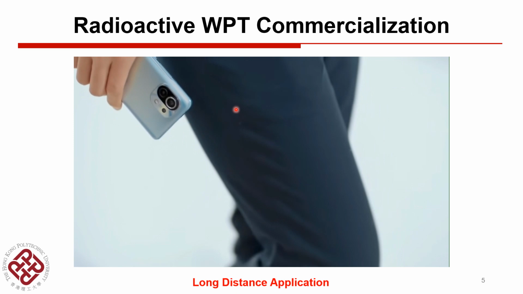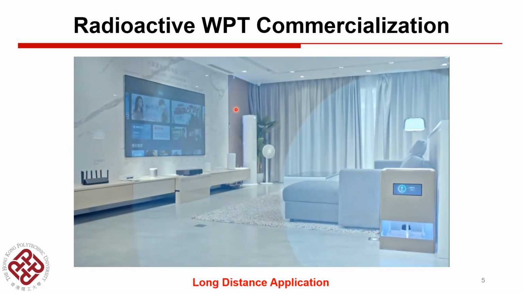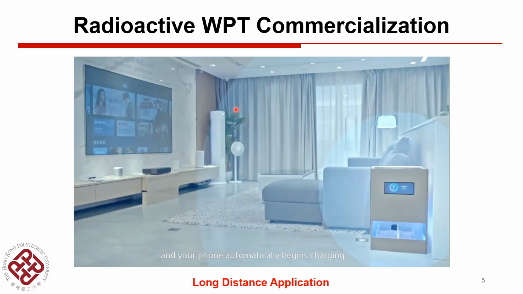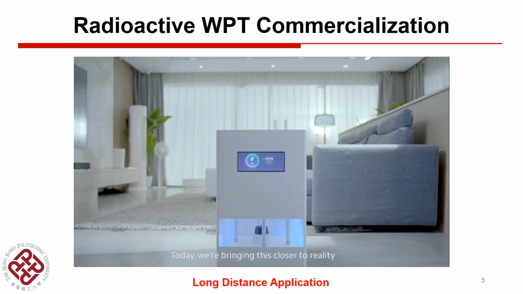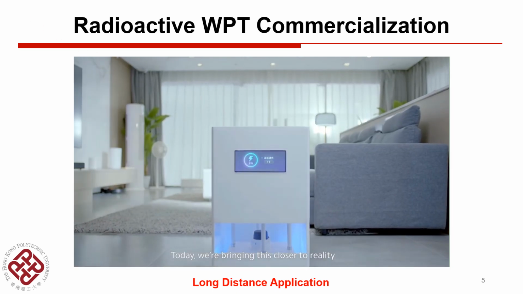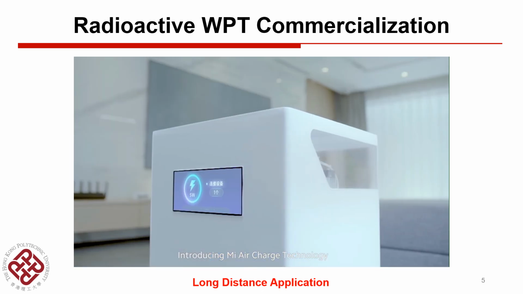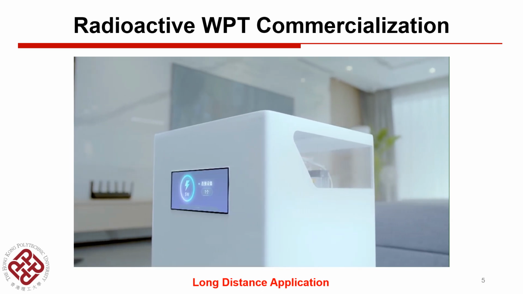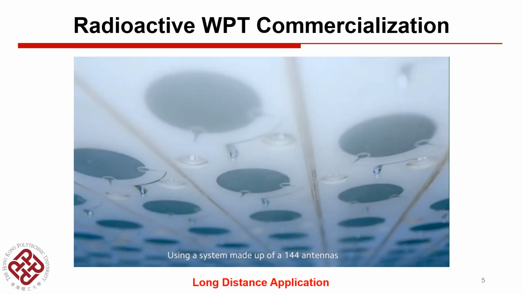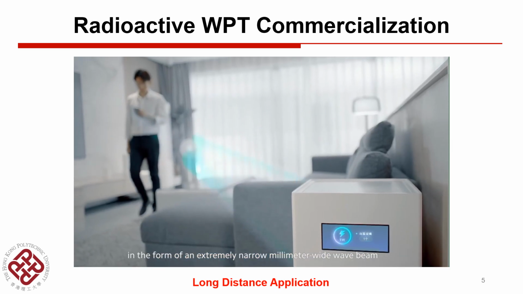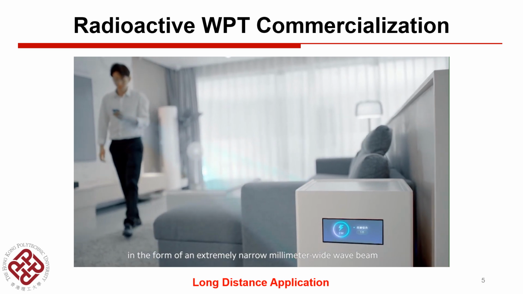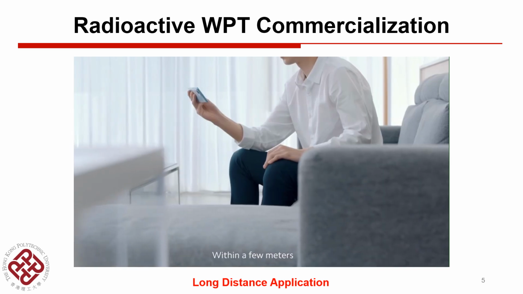What does charging look like in the future? Imagine walking into a room and your phone automatically begins charging. Today, we're bringing this closer to reality. Introducing Mi Air Charge technology. Using a system made up of 144 antennas, this transfers energy to the smartphone in the form of an extremely narrow millimeter wide wave beam.